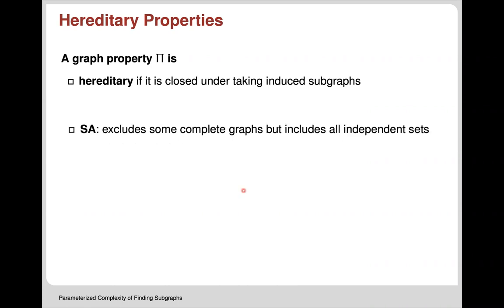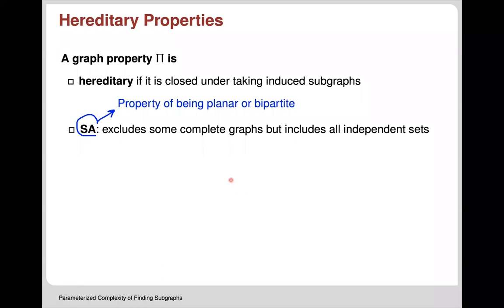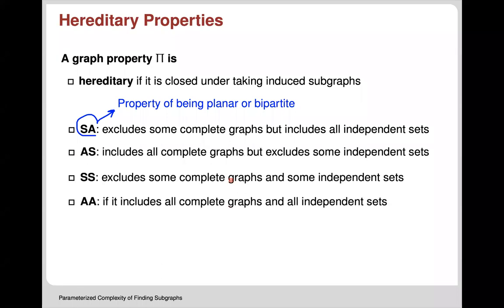We say that a property is SA if it excludes some complete graphs but includes all independent sets. For example, if your graph is planar or bipartite: in the case of planar, it excludes complete graphs K5 and above, but it includes all the independent sets. The same is true for bipartite, where you don't have any complete graph from K3 and above. Similarly, we have AS.